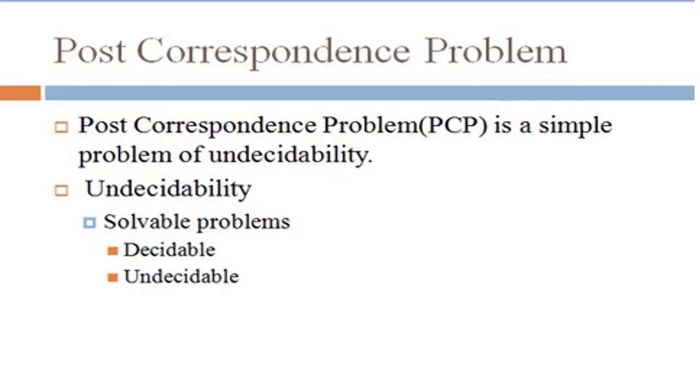Solvable problems are further classified into decidable and undecidable problems. Decidable problems are those for which the Turing machine halts when the answer is yes and also halts when the answer is no.